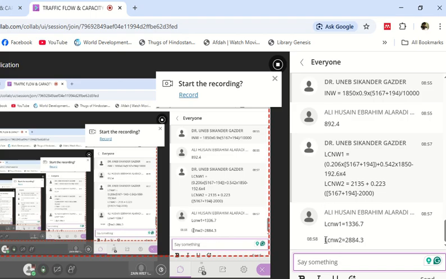Okay, so as I said, we will pick the higher one. We will pick this one. So now we'll calculate the total lane changes using this one.